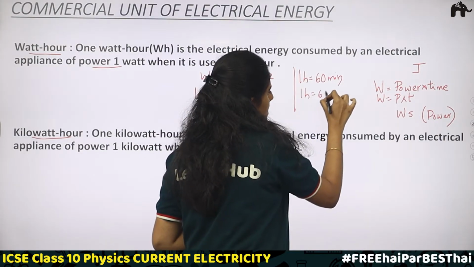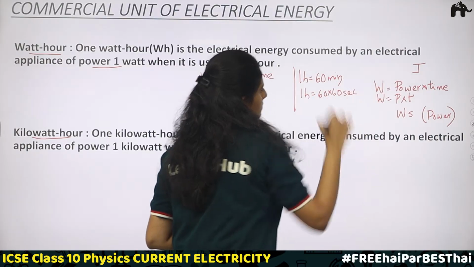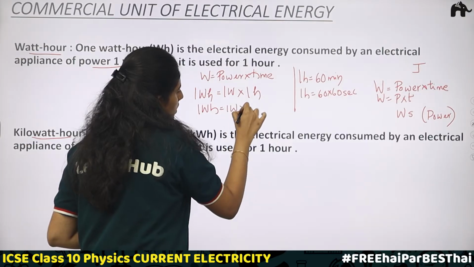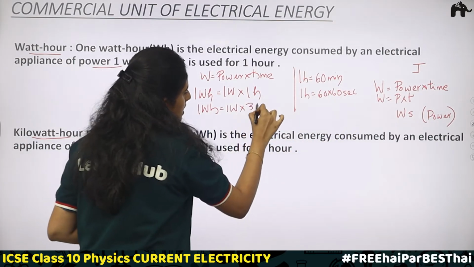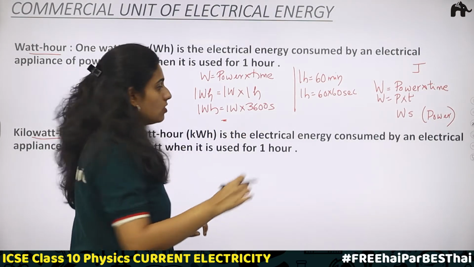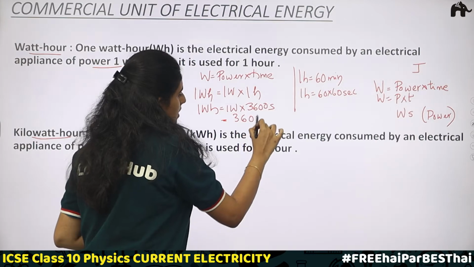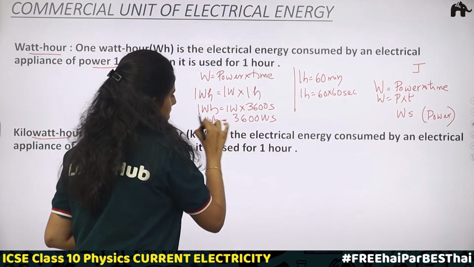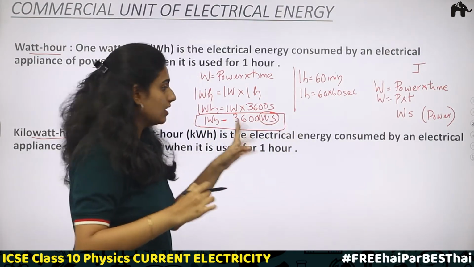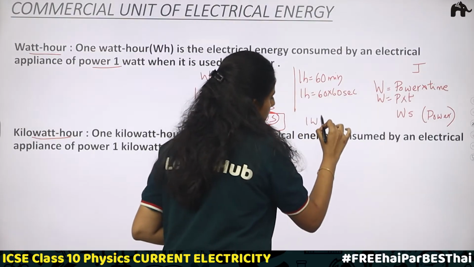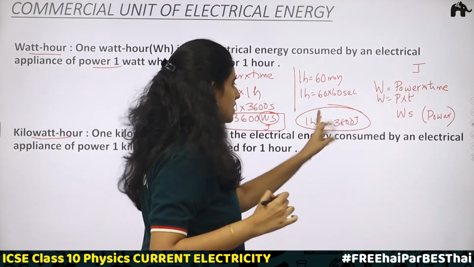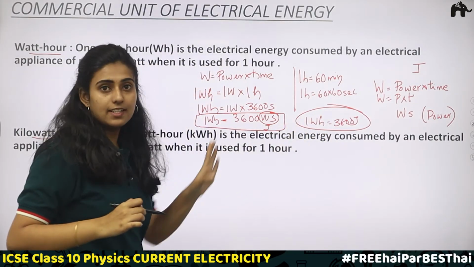Therefore, 1 hour will be 60 into 60 seconds, which is 3600 seconds. So 1 watt hour is equal to 1 watt into 3600 seconds, which is 3600 watt second. So this is the relation. Watt second is another unit, joules. So we can say that 1 watt hour is equal to 3600 joules. Joule is the SI unit of energy, or of work.